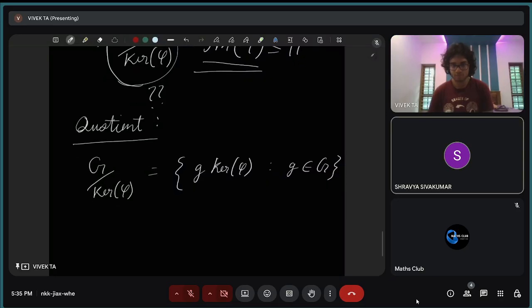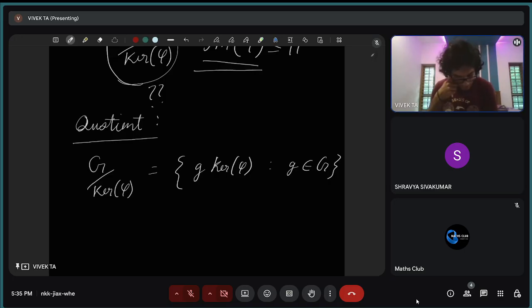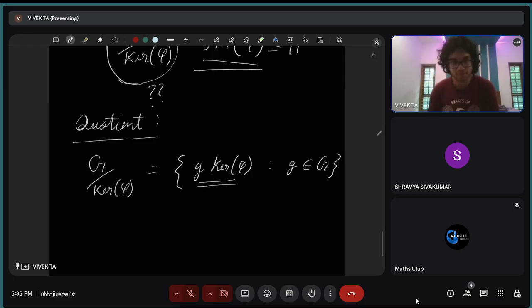I'm still slightly confused. Yeah, so essentially, you remember what a coset is, right? So this notation is clear. Just this part. Actually, I forgot what a coset is.